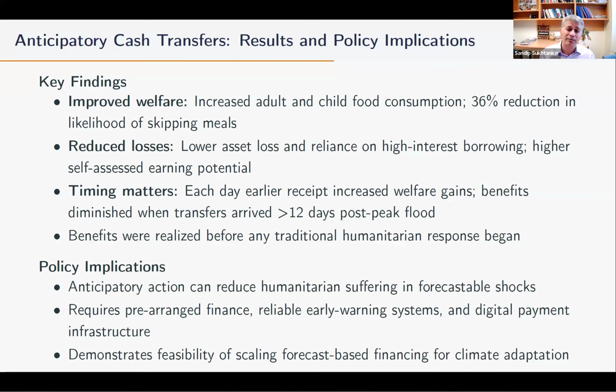Getting money even before the floods is really helpful, because then when the floods happen and you don't have any assets, you don't have any income, you can really use that. All right. So this suggests the feasibility of doing this kind of scaled up forecasting, especially as climate disasters are going to be more and more prevalent in the near future.